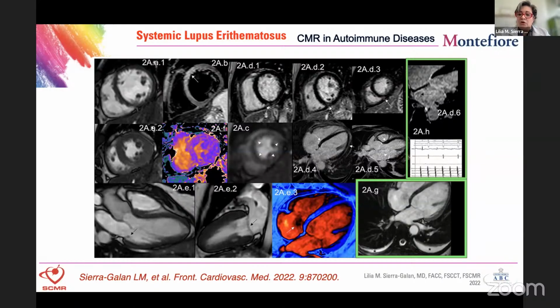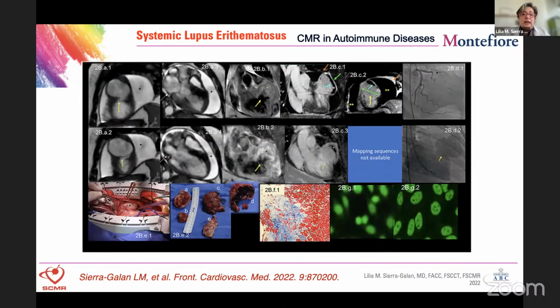And CMR showed that she, a 30-year-old apparently healthy woman, had that fibrosis in the atria. So that gives us a lot of information and orientation for further treatment, and see how she also had the pleural effusion. So all the pathophysiological mechanisms I mentioned are there, okay? This is another example, which is even more dramatic.